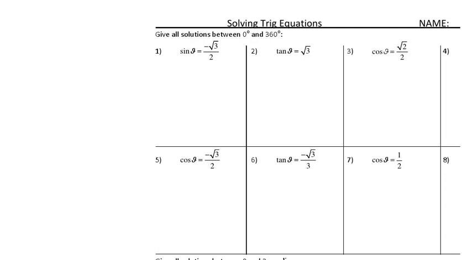So in degrees, what angle has a sine value of square root of 3 over 2? Is it 30, 45, or 60? 30. It's not 30. Cosine of 30 is root 3 over 2.